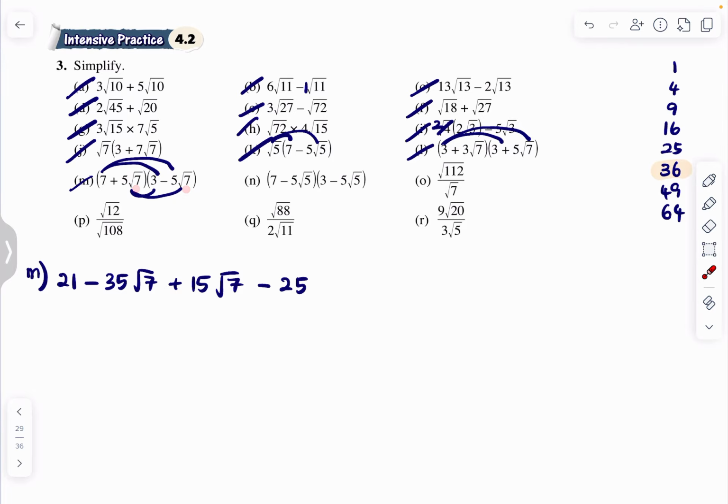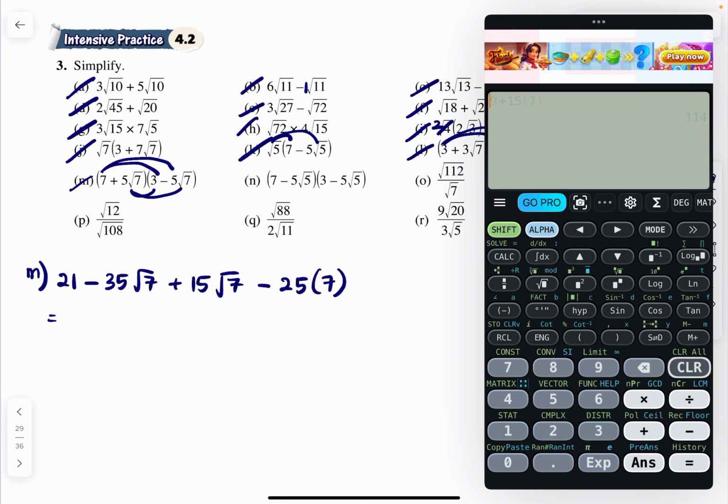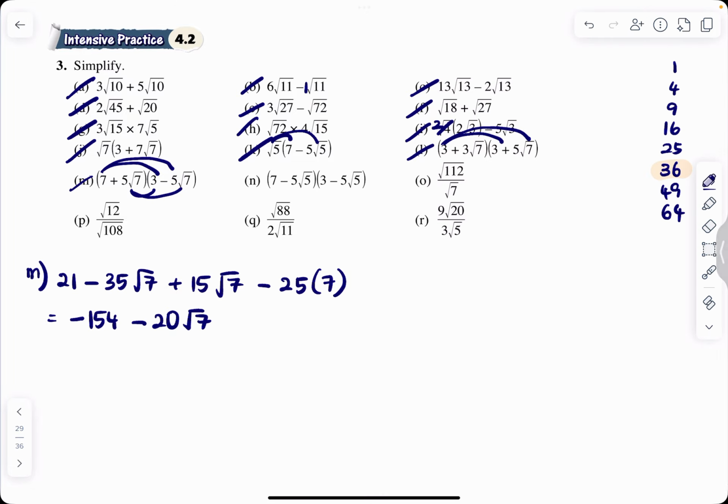Surd 7 will be 7. Right. So 21 minus 25 times 7. We get negative 154. Negative 35 oranges plus 15 oranges is negative 20 oranges. This one surd 7, so you can add these two. Done.